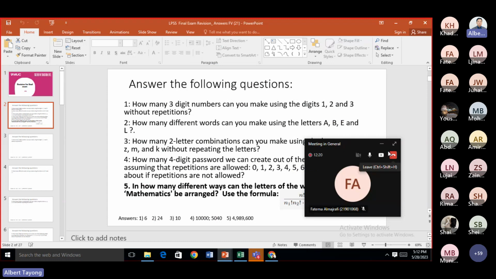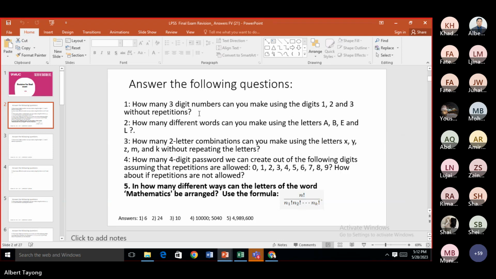So this is a support class. Actually, I'm struggling to join and to use my headset here. Just tell me if my voice is clear or not. Can you hear me properly? Clear, it's clear. Guys, can you see my screen? Yes, Mr. Hello?